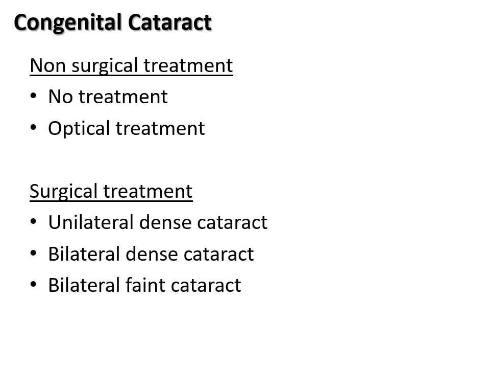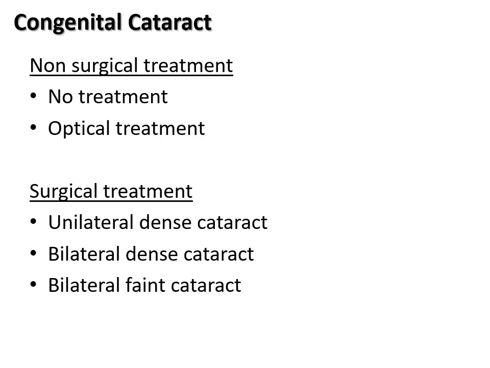So to preserve the accommodation, we can go for glasses. For the surgical treatment, if this is a unilateral dense cataract, this surgery is considered an emergency and it should be done in the first few days of life.